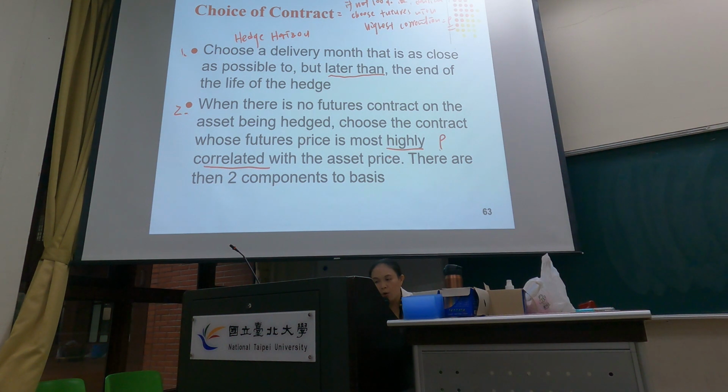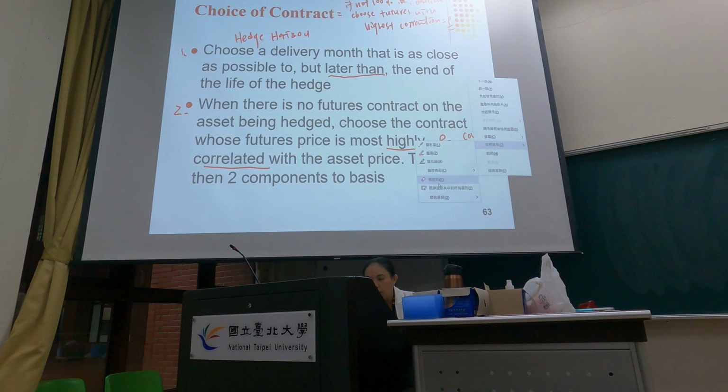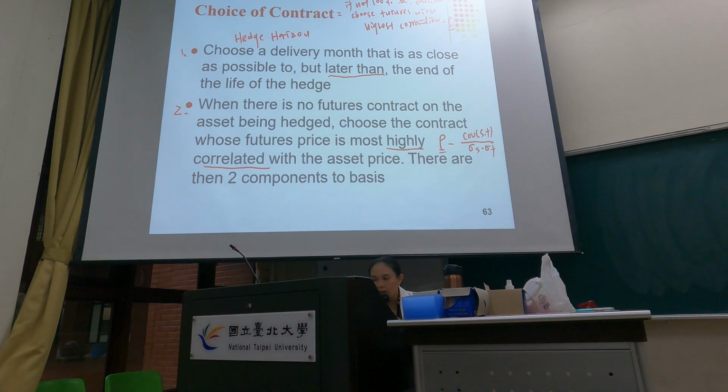So we are looking at the correlation coefficient, okay, between the two. Do you know how to estimate the correlation coefficient? So remember, it equals, you all learned the statistics before, right? Covariance SF divided by sigma S times sigma F, okay? Remember, okay? So this is how we measure the correlation between the two contracts, okay?